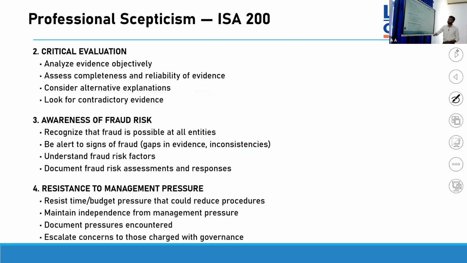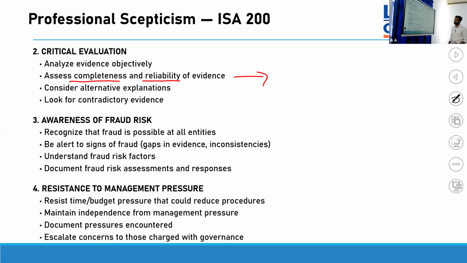Second one is critical evaluation, which means we must analyze evidence objectively. Also, assess completeness and reliability of the evidence, right?